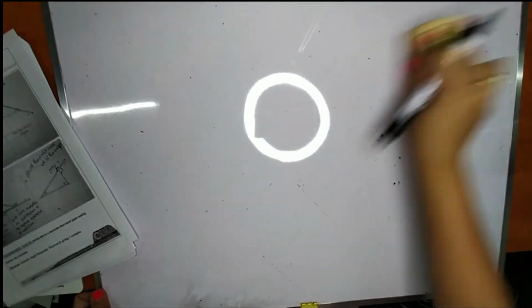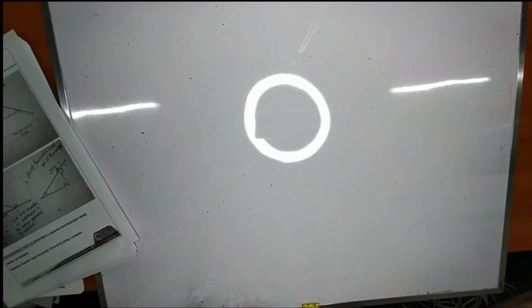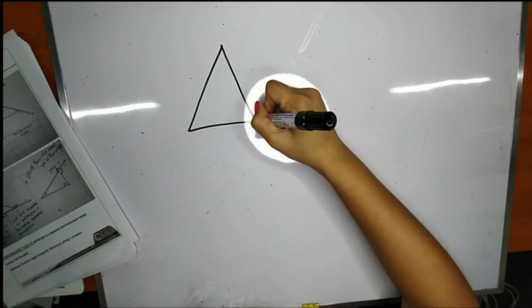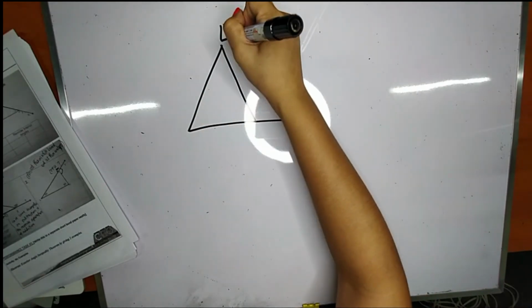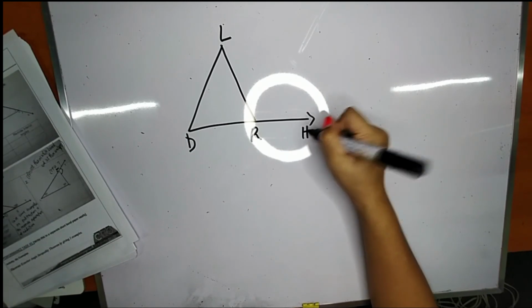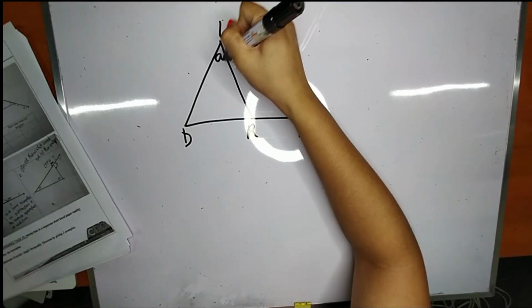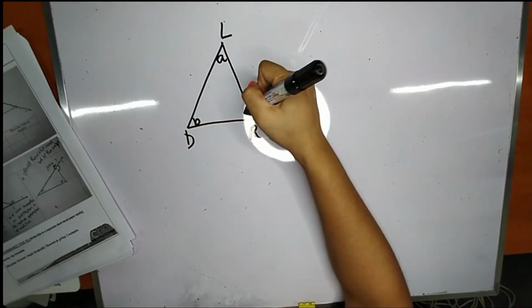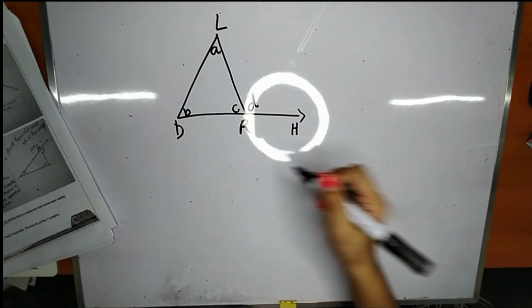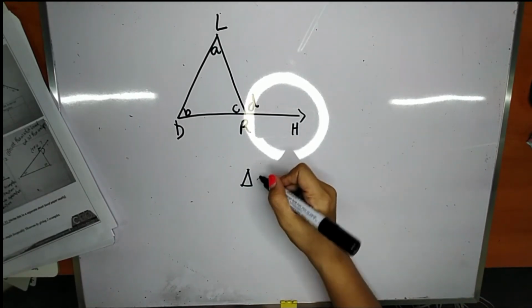So for activity 1, we have A and B. Activity 1A is very simple. There are two given figures. Triangle LDR, with an extension point H, and interior angles A, B, C, and an exterior angle D. In the table, you're going to complete the table with triangle LDR.